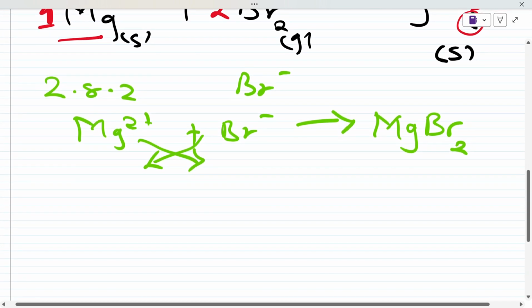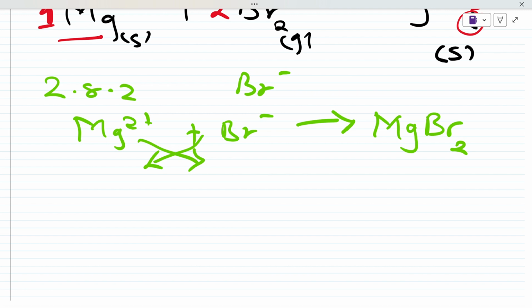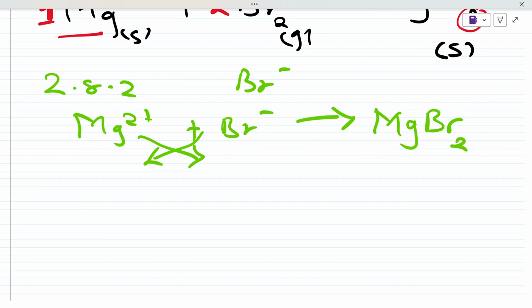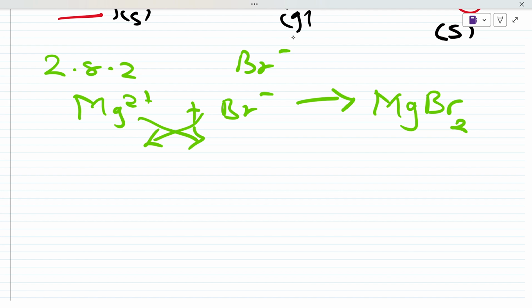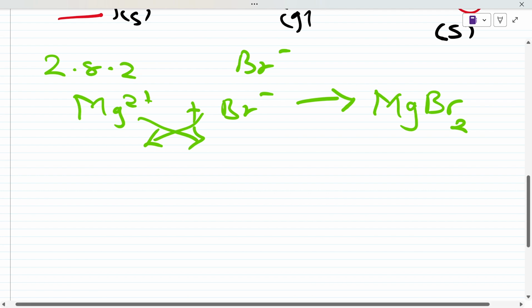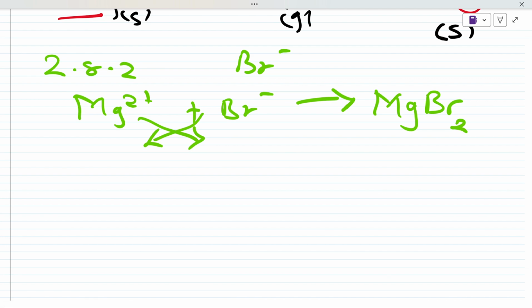So lastly, the last example, I want to do a group 3 reacting with a group 6. A very good example that most examiners always tend to touch on. Any group 3, most of the time we use aluminium.